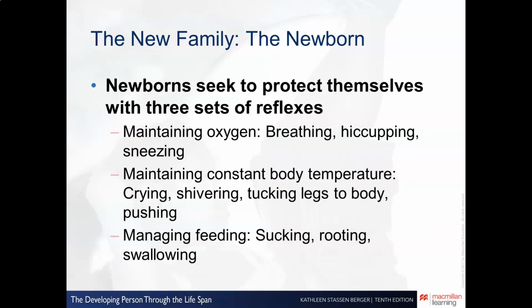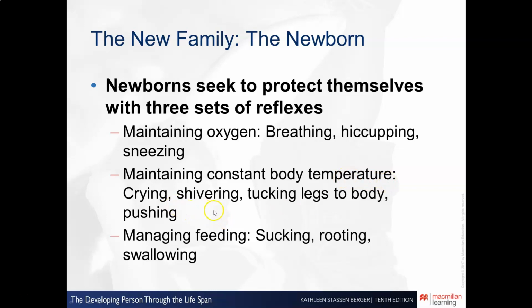Okay, now we're going to take a look at the new family, the newborn. Basically, newborns seek to protect themselves with three sets of reflexes. First of all, they strive to maintain oxygen through breathing, hiccuping, sneezing, etc. The second reflex is constant body temperature.